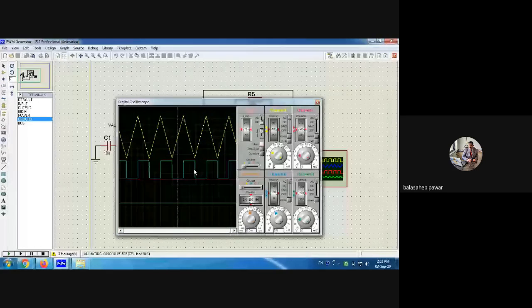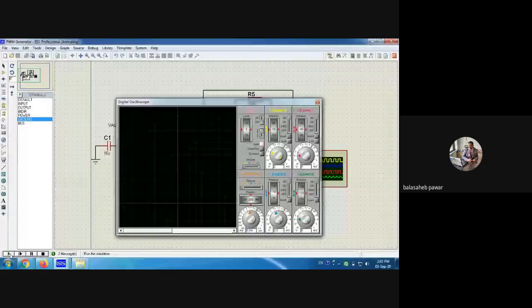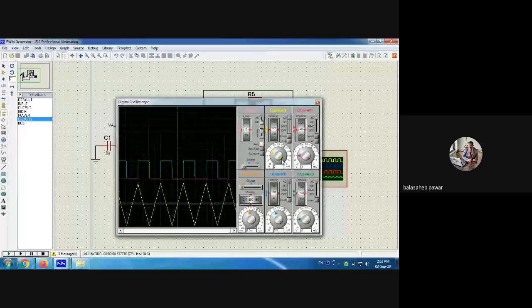This square wave acts as the input to my integrator, and I observe the integrator output on channel A. So it will be triangular like this. Now with this triangular wave you have to compare some reference voltage. Currently the triangular wave I generated has an amplitude of, let me count, 3.5 into 2.